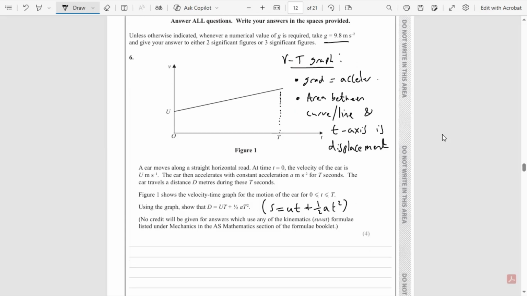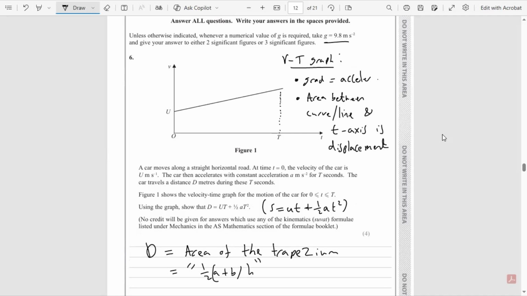So as we said, the distance traveled in this case will be the area under the graph, I should say. So in this case, it's the area of the trapezium, because obviously that shape in the graph that we've created is a trapezium. So the formula is, of course, a half of a plus b times by the height.